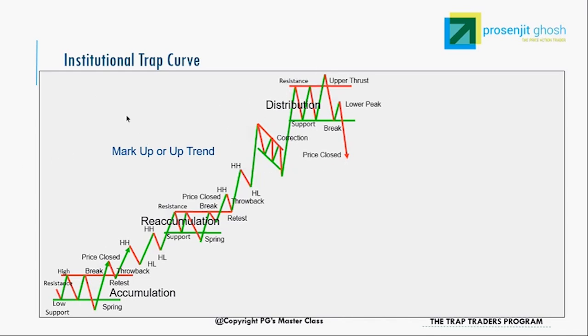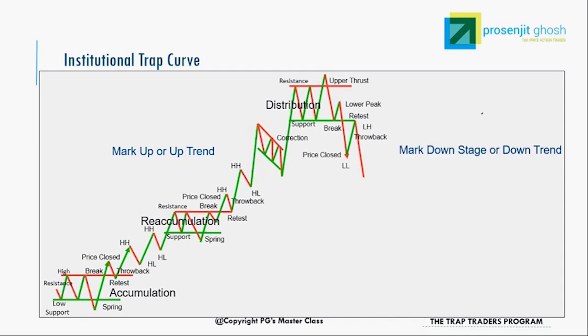Now, what happens after the distribution? After the distribution gets created, price gives a throwback. This is also known as throwback. Throwback means price is again taken back to the distribution and the retest of the distribution happens, and there we enter a short trade and a lower high gets created and lower low gets created.